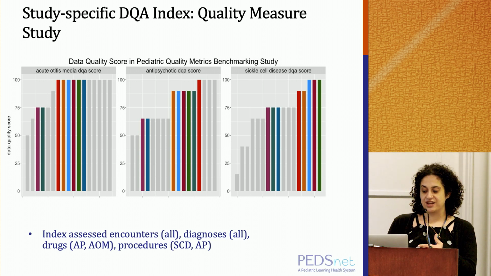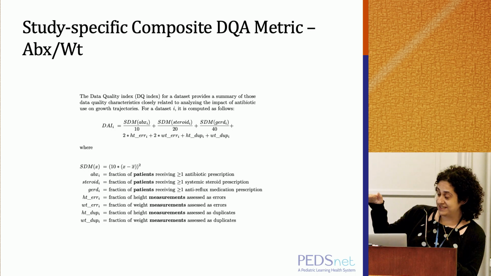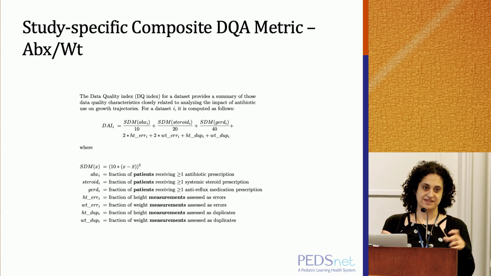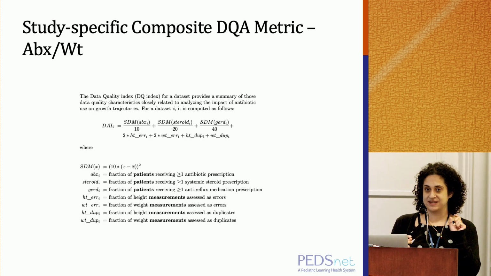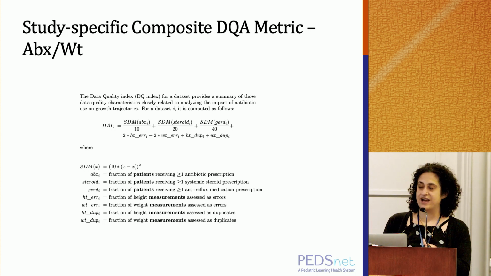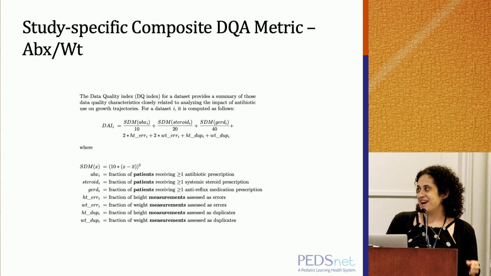This was based on missingness and other sorts of things. And this was another study that we formalized, not just on missingness of key variables, but we actually developed what we call a data alignment index for the PEDSnet antibiotic demonstration study, which we're hoping to write up, which we haven't yet.